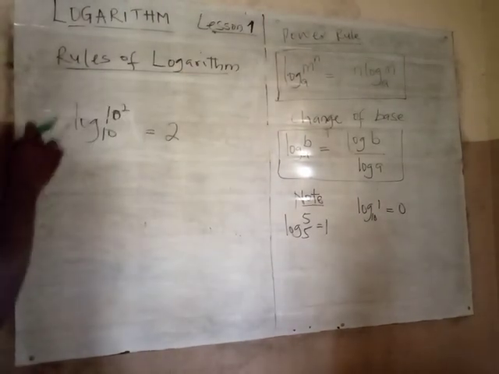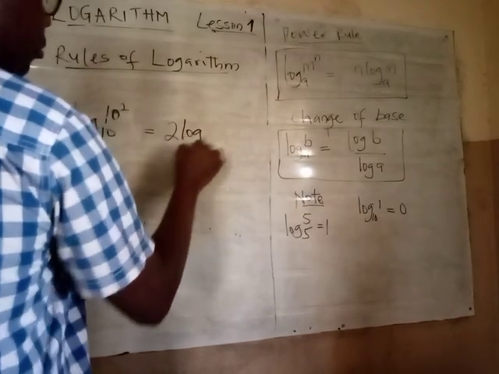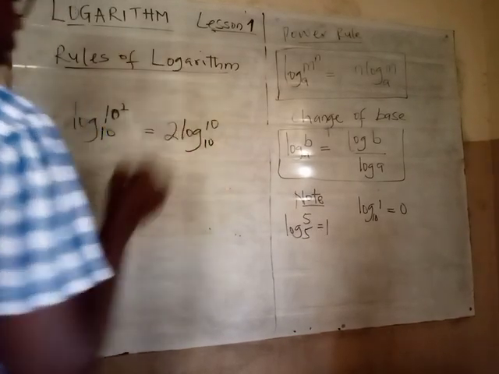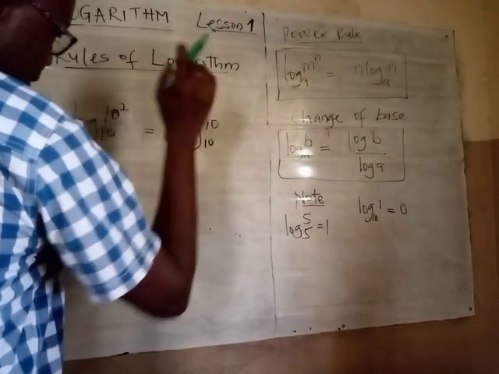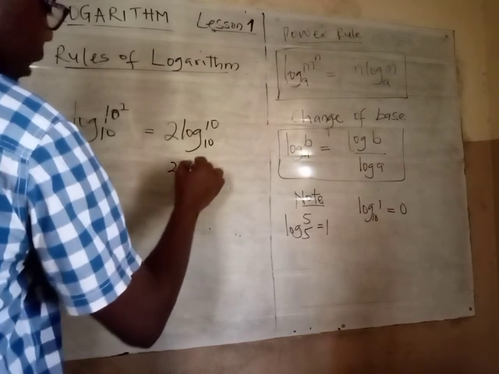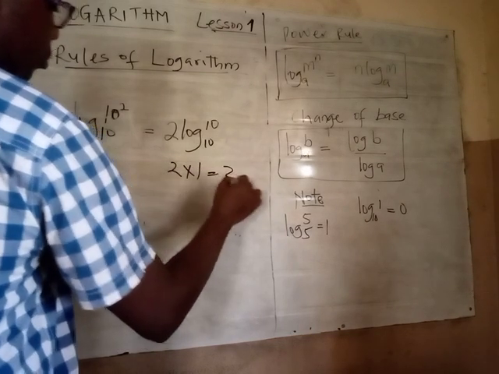You carry the power out, then log 10 base 10, and any log to its base is 1. So it becomes 2 times 1, which is equal to 2.